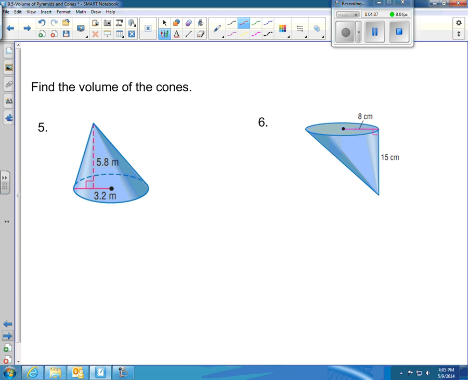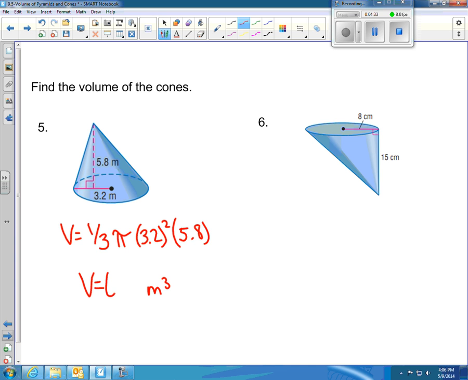Looking at problem 5, they give us a radius because our line only goes to the center. So we're going to do 1/3 base area, so pi times radius squared times our height. Type that all into our calculator, and let's agree to round volume again just to 1 decimal place, to our tenth.